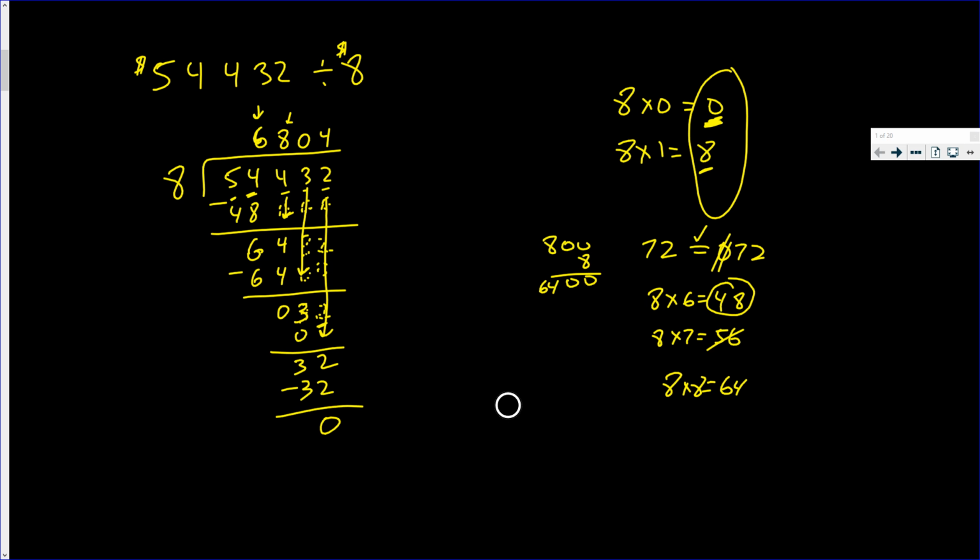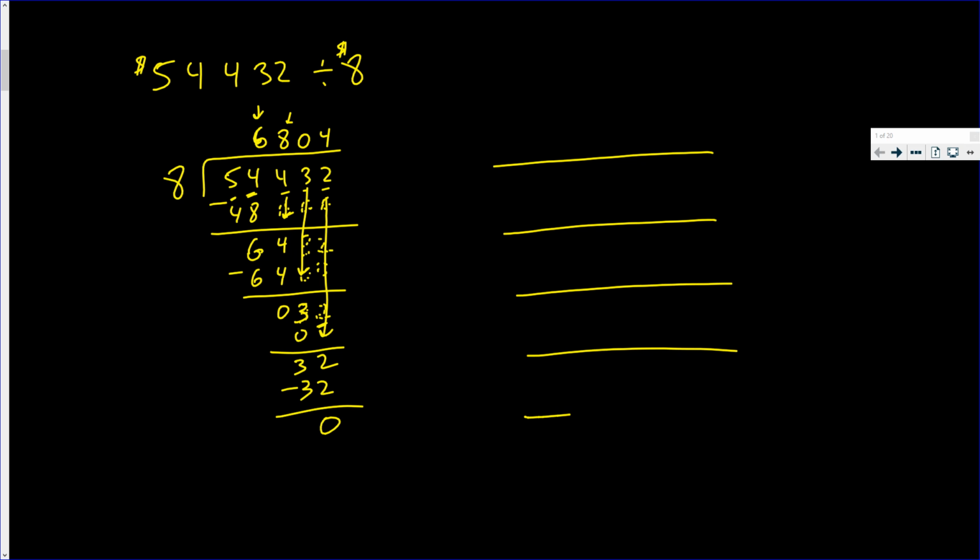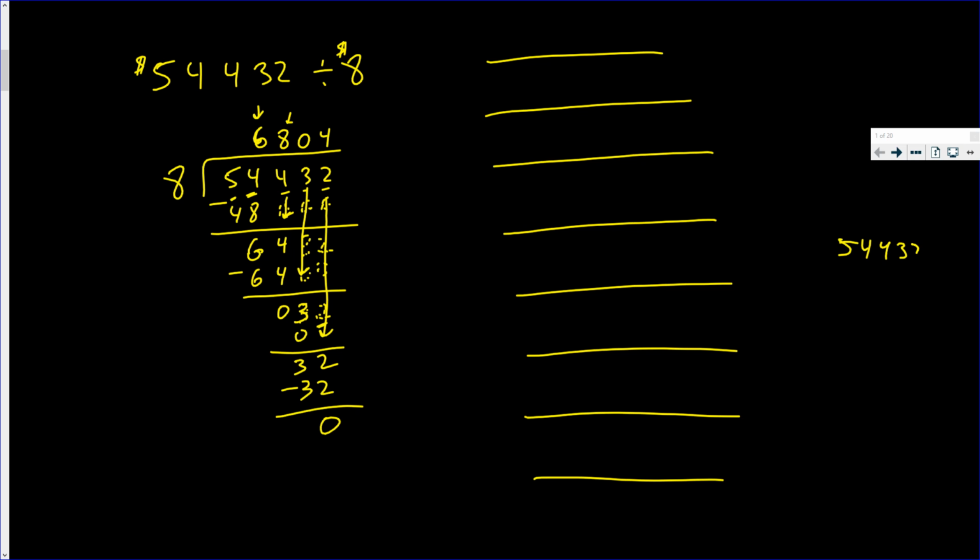Again, what does this mean? It means if you have a bookcase that has 8 shelves, 1, 2, 3, 4, 5, 6, 7, and 8. And you take 8 books at a time. So you have 54,432, and you take away 8 books. That gives you that.